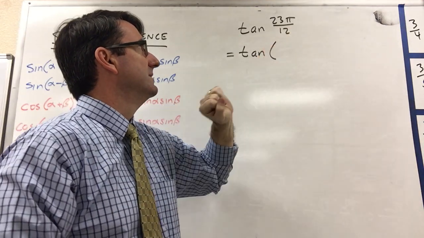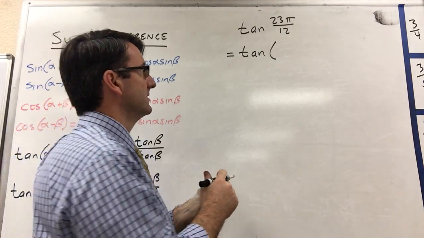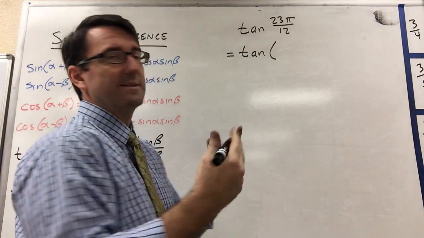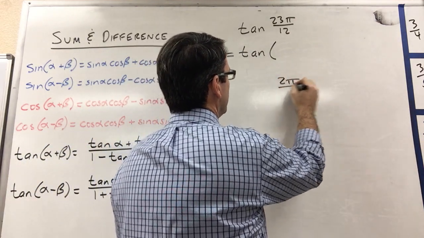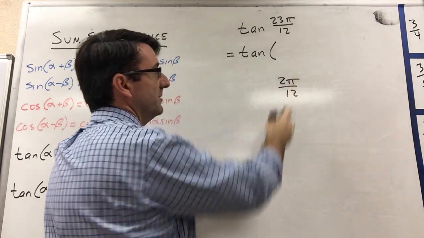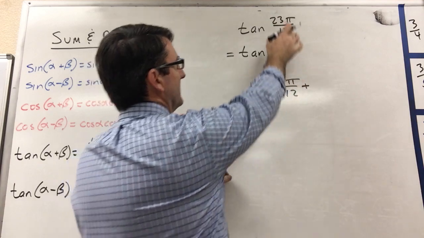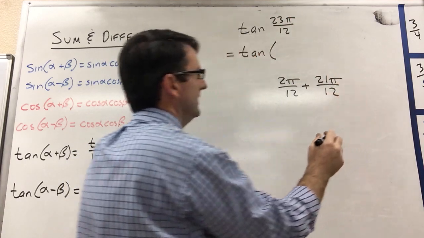So this is going to be equal to the tangent of two numbers added together. Let's find two numbers that add to 23 pi over 12 that are both going to be on our unit circle. So we'll just start with pi over 12, but that's not going to be on our unit circle. Let's try 2 pi over 12. That would be on the unit circle because that's pi over 6. And then add the rest of it, which would be 21 pi over 12.